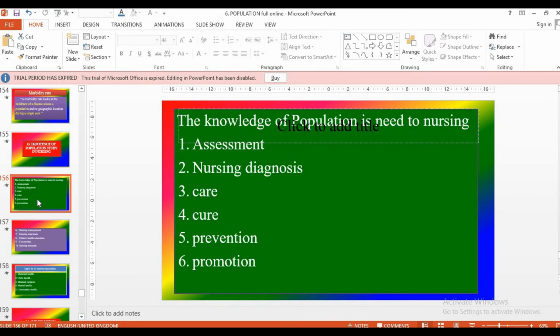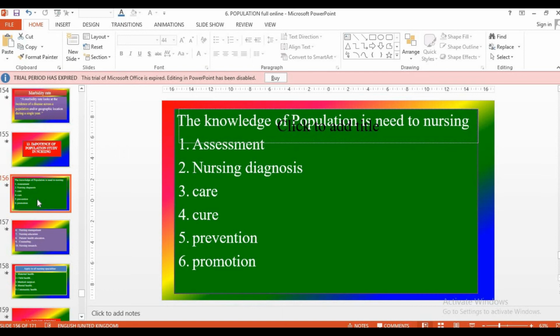Then care. The care plan is determined by population characters, mainly the religion of the patient and the economic status of the client, not only in the clinical setting but also in the community setting, for family assessment as well.